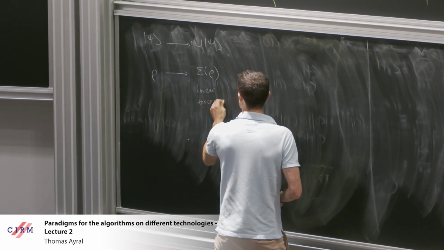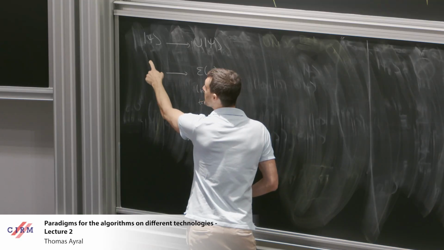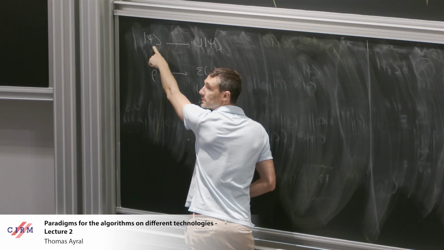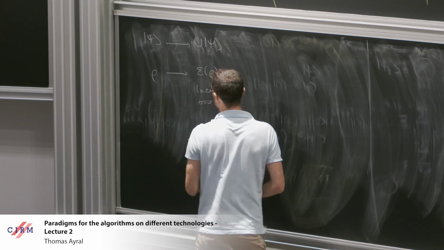Why? Because you want this object to have a trace of 1. In the same way you want your wave vectors to be of norm 1, you want this object to be of trace 1. It's really the same idea.